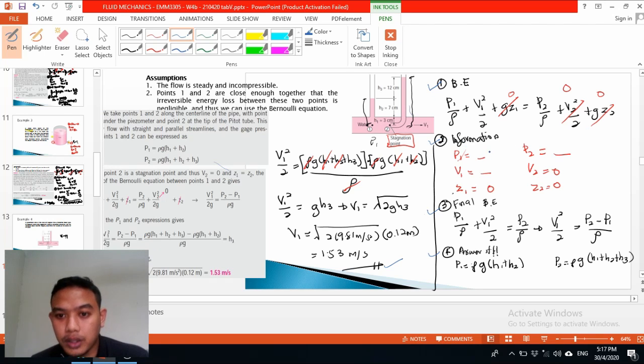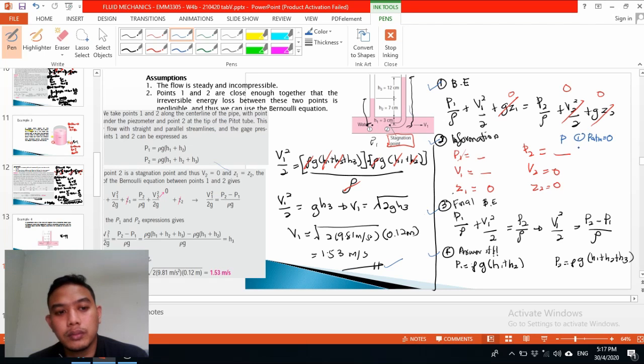Maybe we can put in a simple summary. In terms of pressure, it will relate with P atmospheric; if it is open, it is equal to 0.